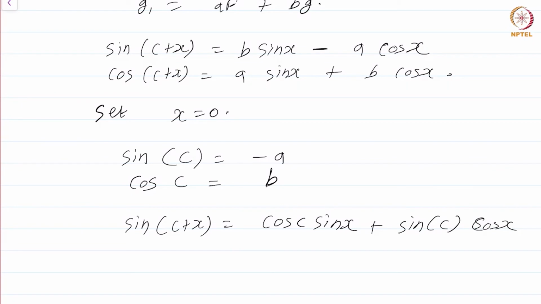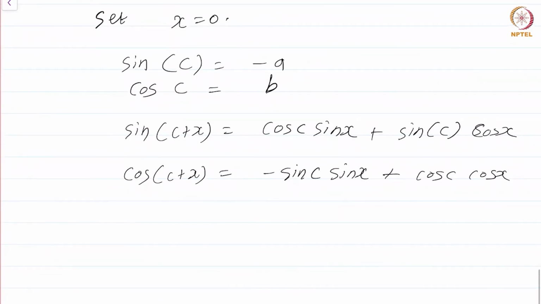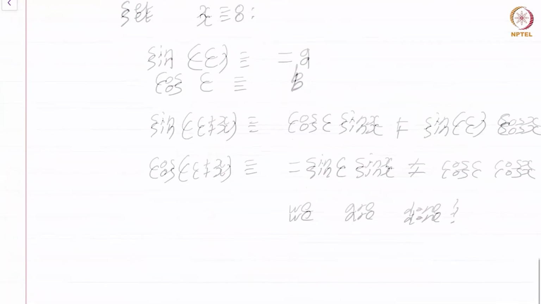It became plus sine c because sine c is minus a, and similarly cos of c plus x is equal to minus sine c sine x plus cos c cos x, and we are done. In fact, I said I'll prove 4, but we got both 4 and 5, right? We got both for free.